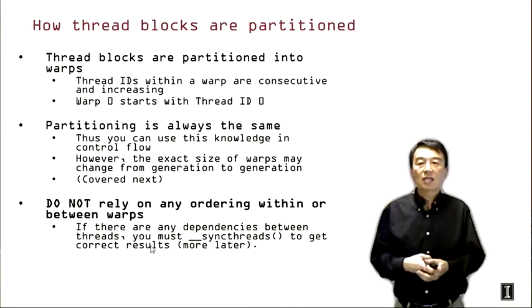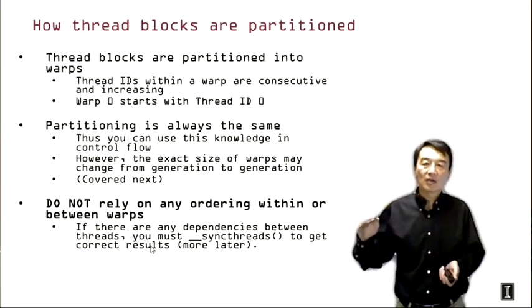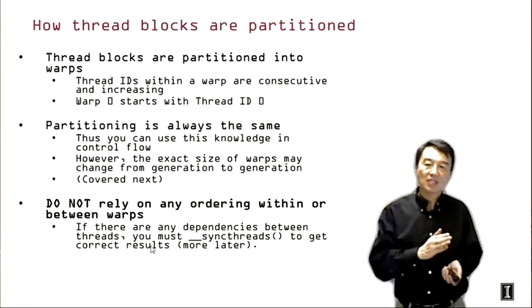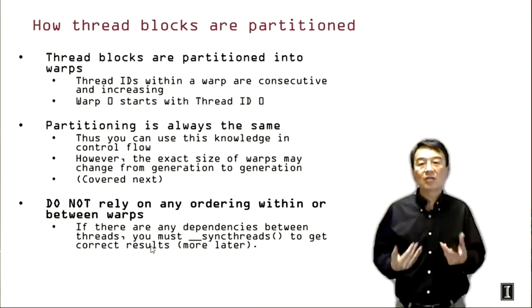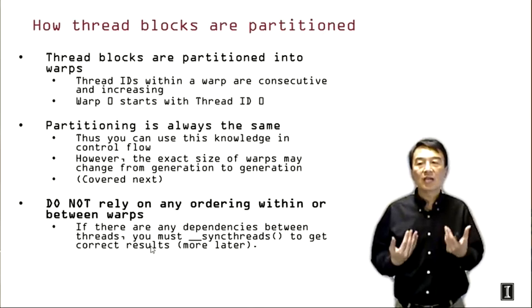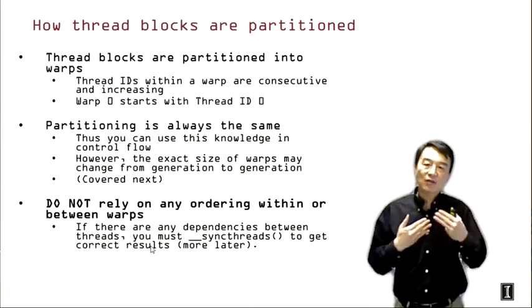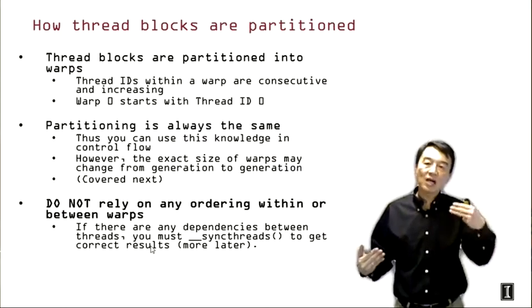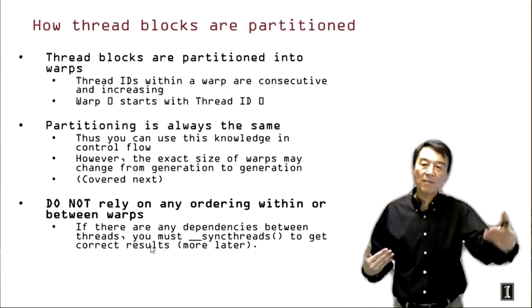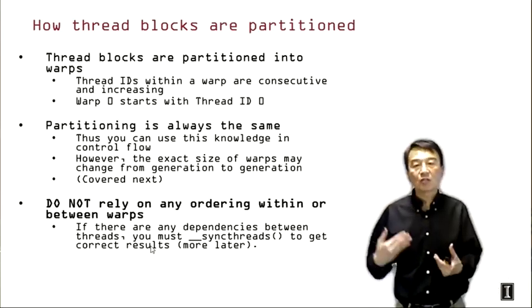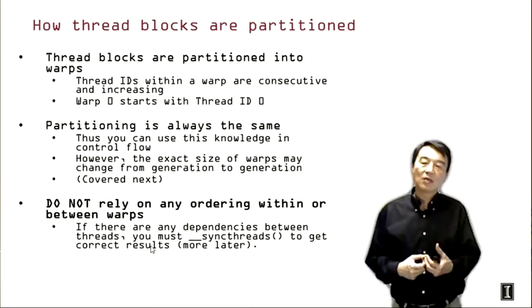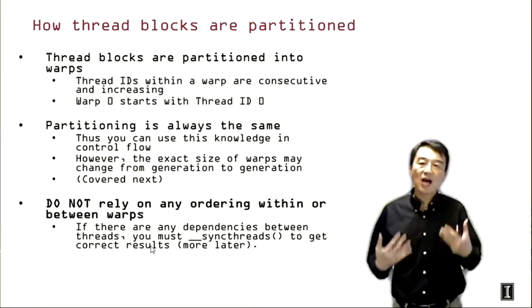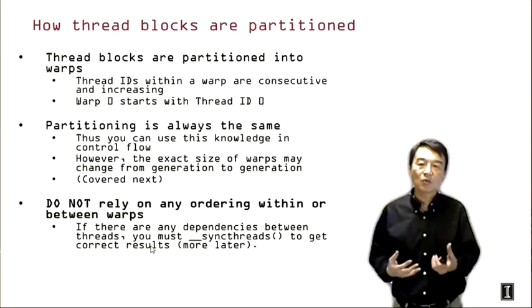If the branch is taken for some of the threads but not others, then we have a problem, because the SIMD execution can only execute one instruction at a time. After that branch, some of the threads will want to execute one path of the program, and the other threads will want to execute another path. So we need to understand how this is handled by the hardware.